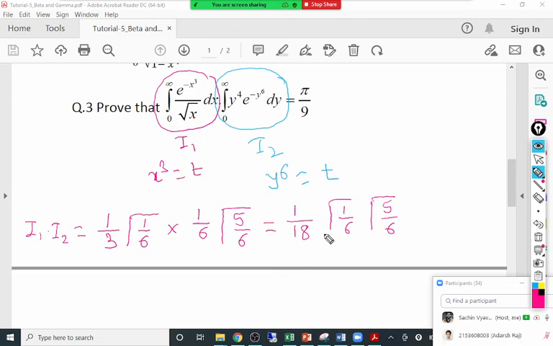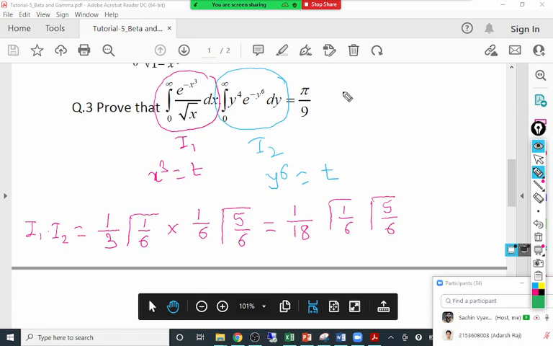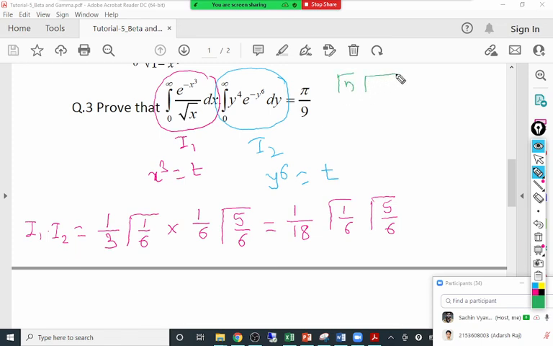There is only one thing missing here, that I did not tell you while completing this topic. There is one property: gamma n into gamma 1 minus n is pi upon sine n pi. So this is one more formula that you have. There are 2-3 formulas generally used for simplification.